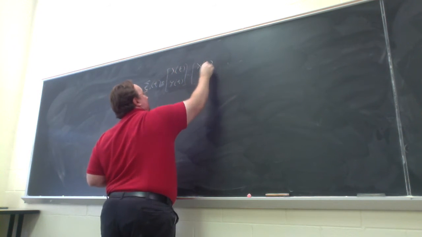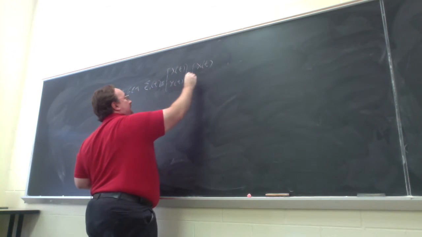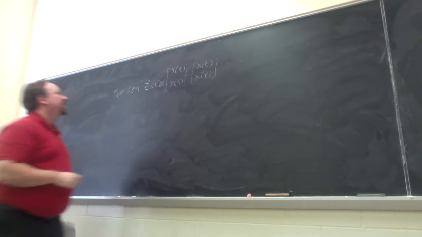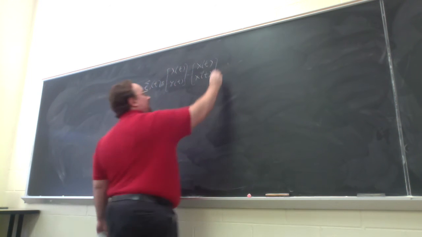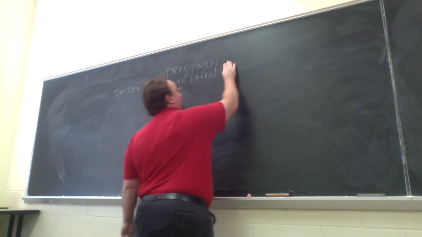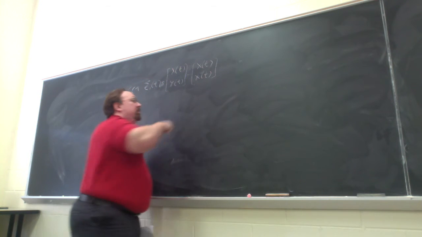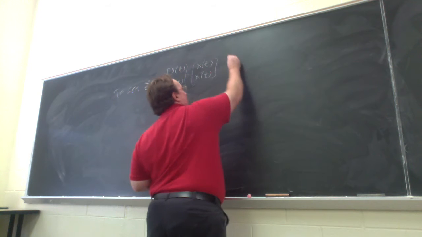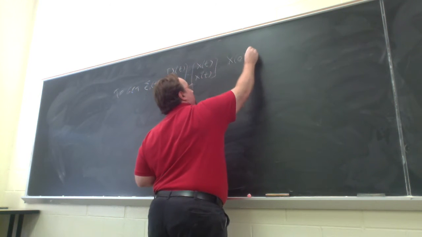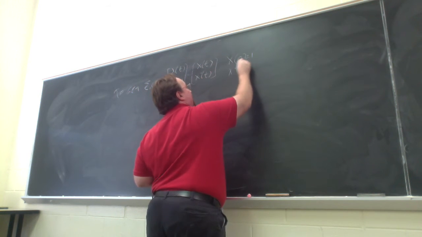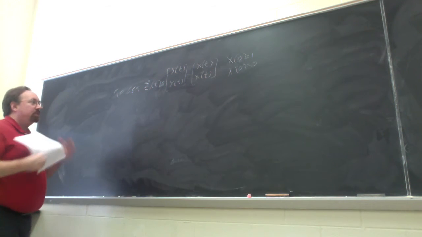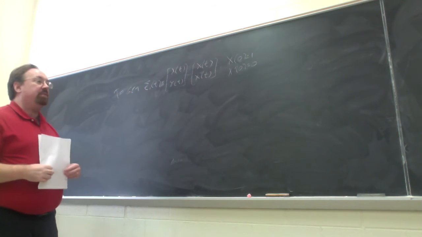But keep in mind how x and y are related: y is x prime. So our initial conditions will be, because we want this to be equal to 1, 0 when t is 0, we need x of 0 is 1, and x prime of 0 is 0. Those are the initial conditions to get the first column of our fundamental matrix.